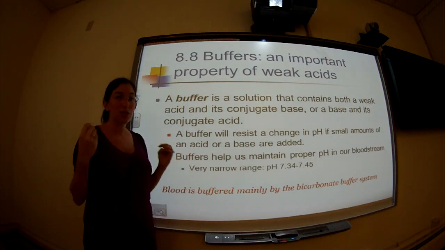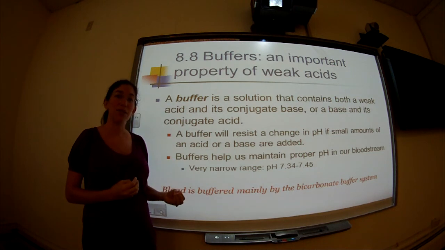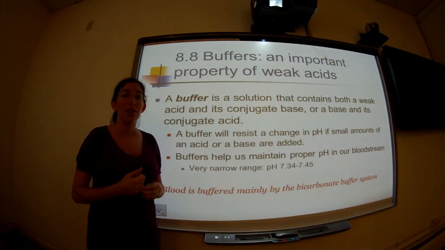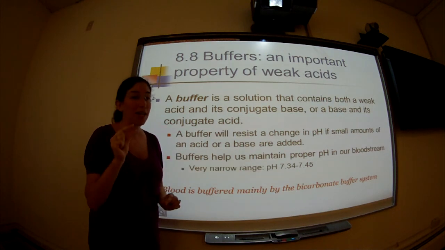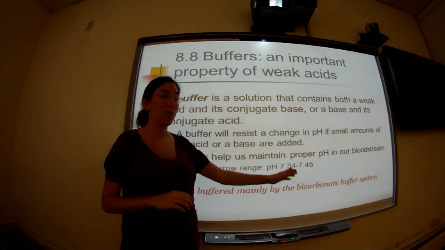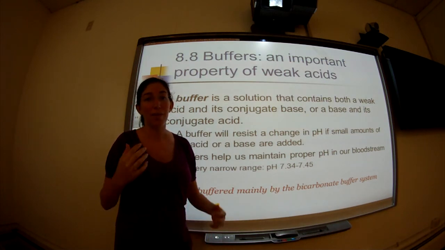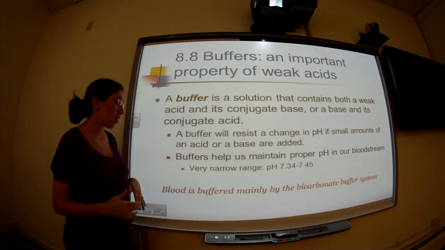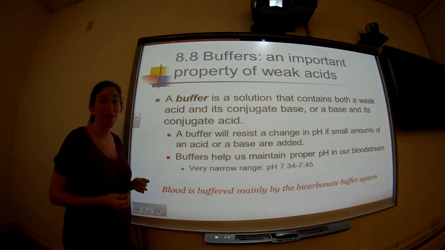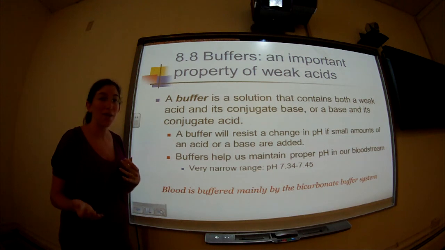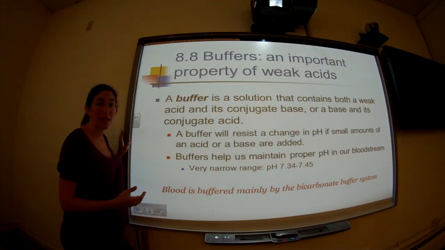That's extremely important in physiological systems because we require our physiological pH to be in a very narrow range. Between 7.34 and 7.45 is the range that our blood pH can tolerate. So we need a buffer system to help steady the pH so that if acid or base is introduced, we can manage that.